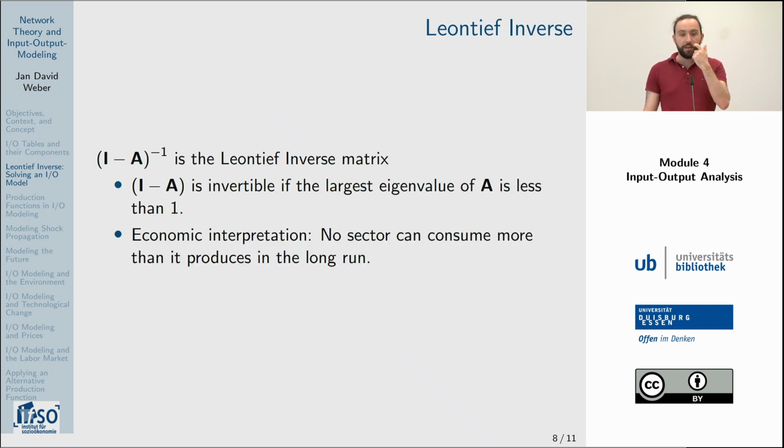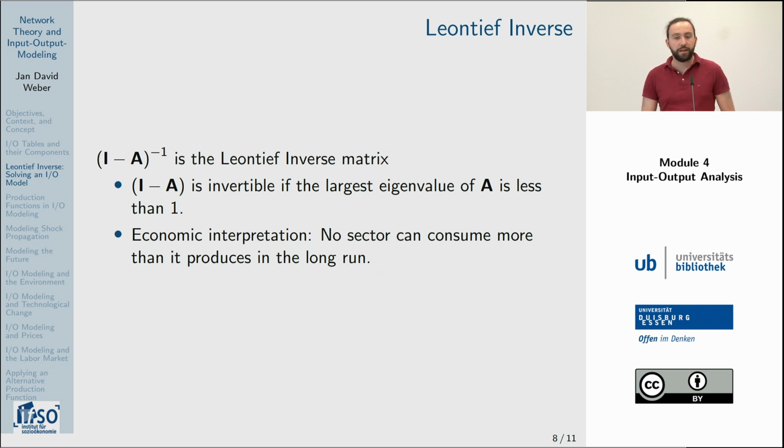The Leontief inverse matrix is invertible only if the largest eigenvalue of the technical coefficient matrix is less than 1. This sounds like, oh, arbitrary, but it also makes sense. This is one of the cases where economic meaning beats mathematical possibilities, because it requires an economic interpretation here.